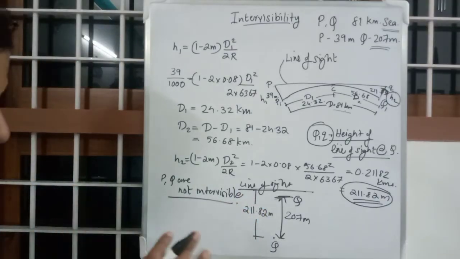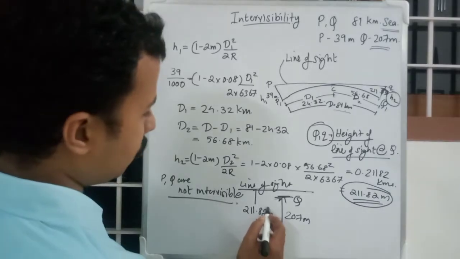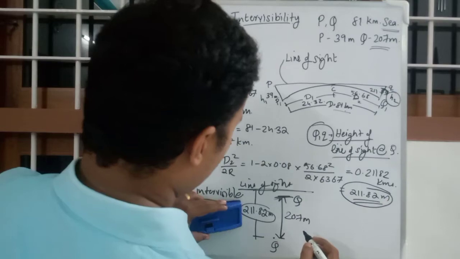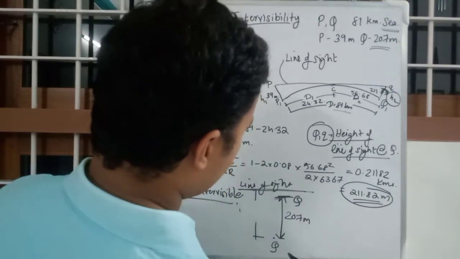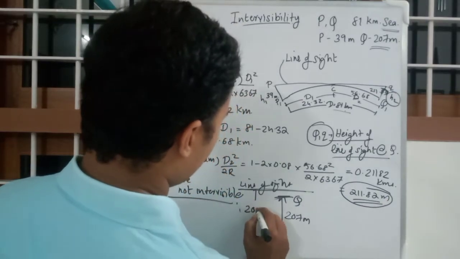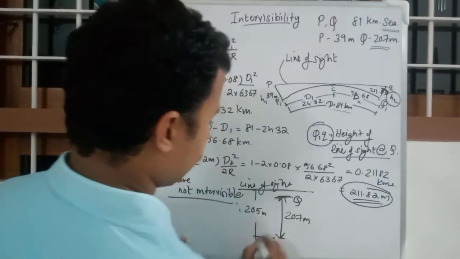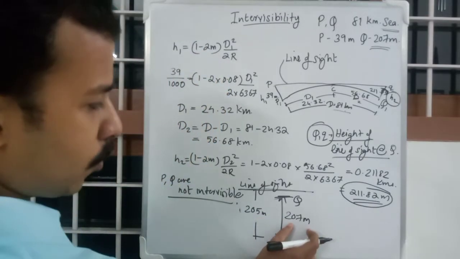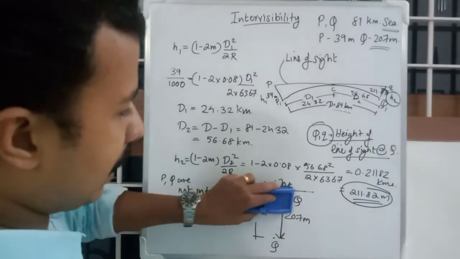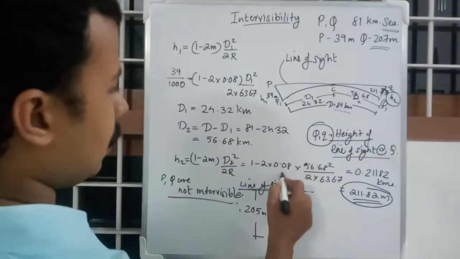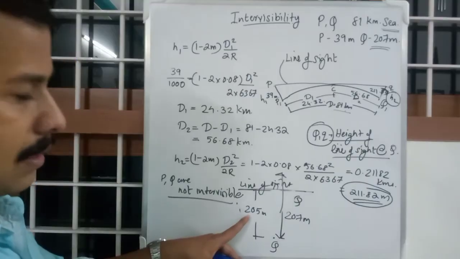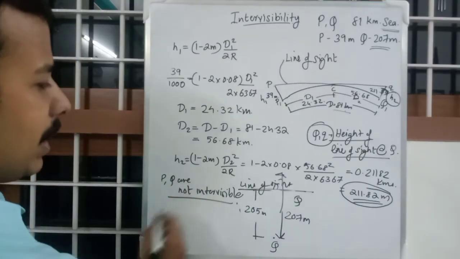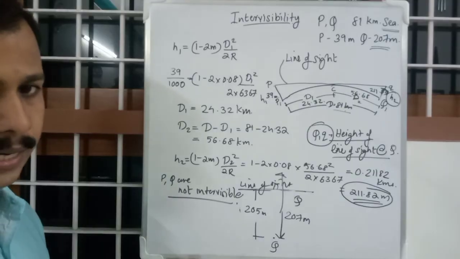If suppose instead of 211.82 we had got the value as 205 meters, then what will be the inference? The actual height of Q will be bigger than the line of sight height, so P and Q will be intervisible. You got the idea.